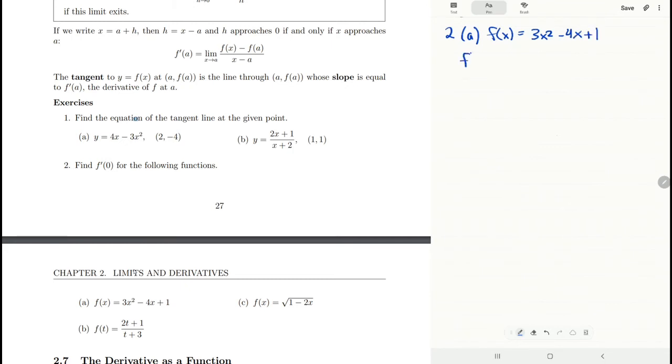And we're looking for the derivative at 0. So this is the limit as h goes to 0 of f(0 + h) minus f(0) all divided by h.